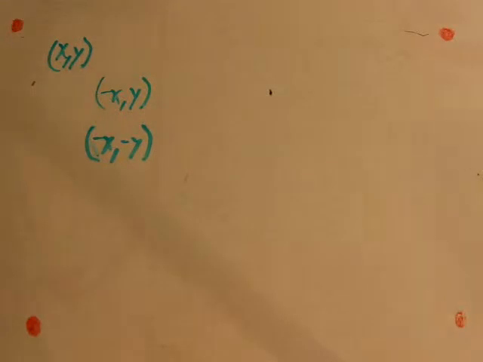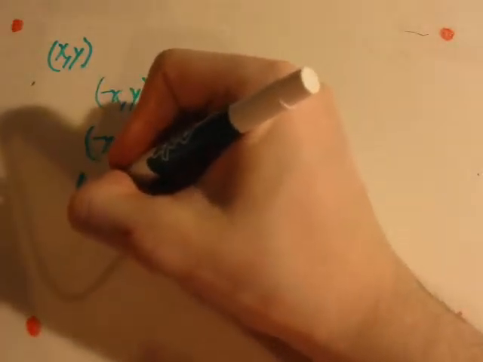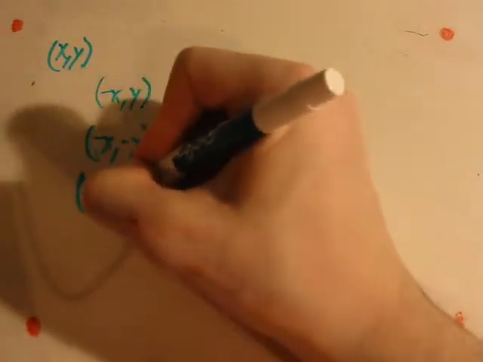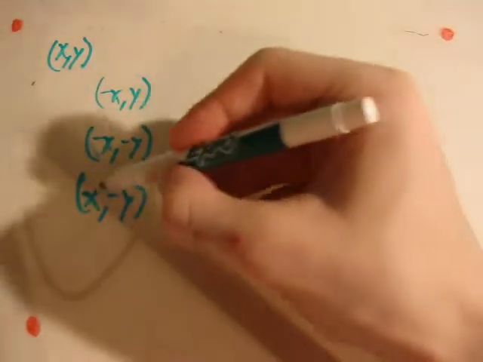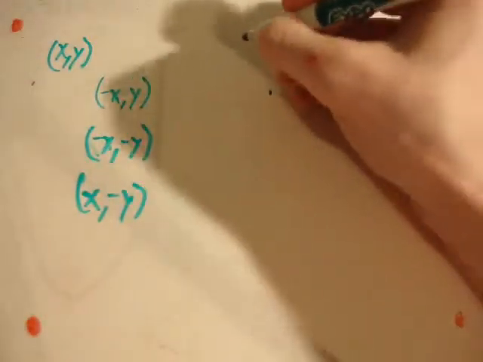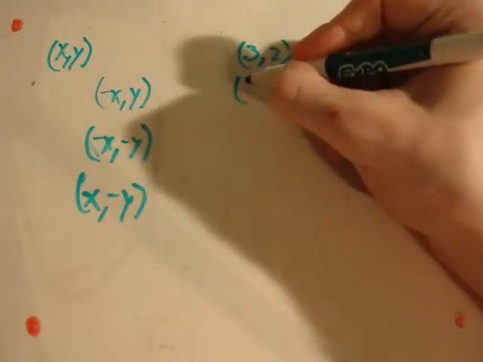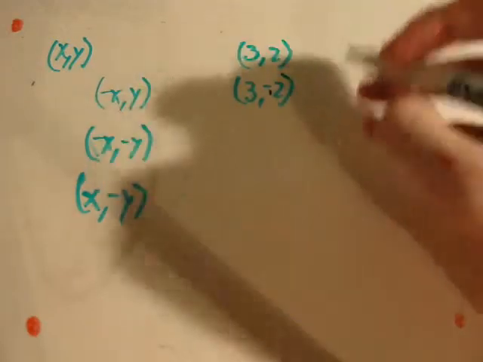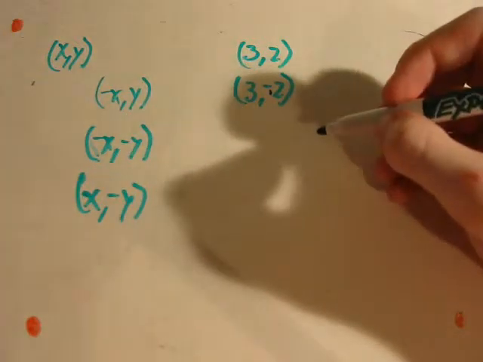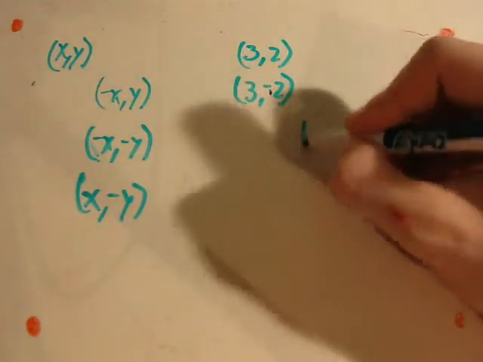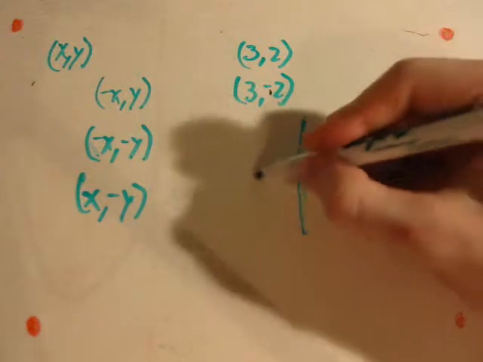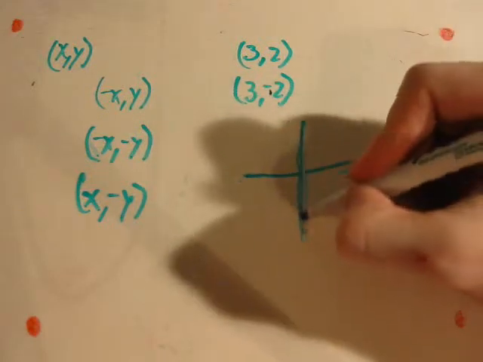And there's still one more that you can do. If you've got an xy coordinate, compare it to an x, negative y coordinate. You'll have x-axis symmetry. Symmetry around the x-axis, your folding point in this case.